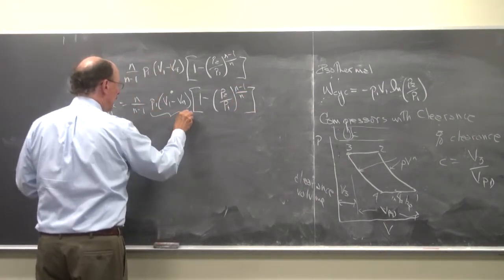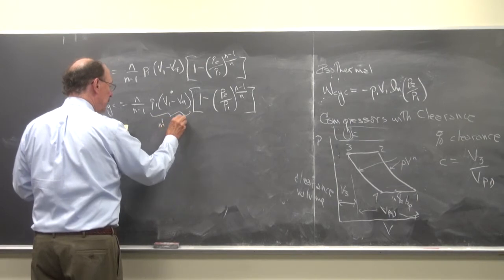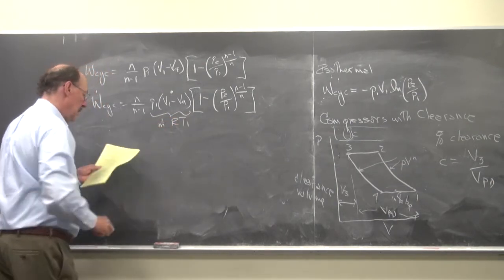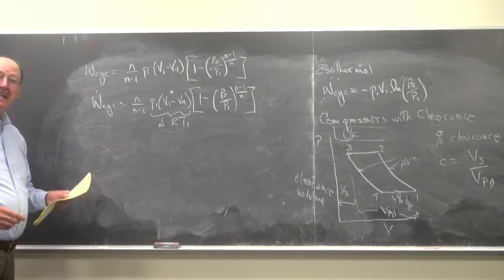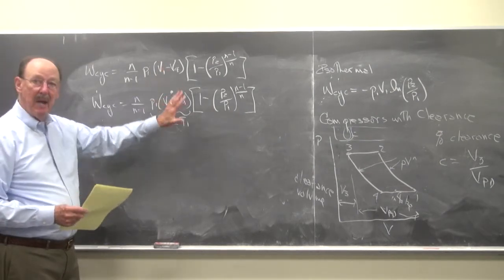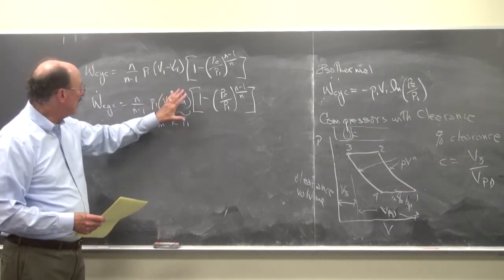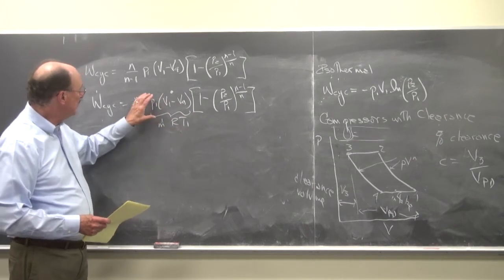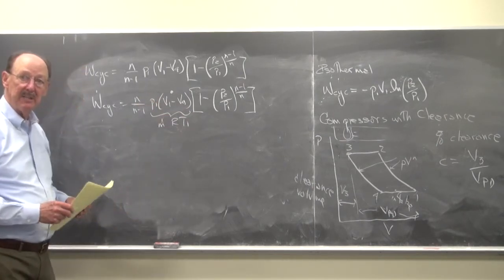And this is m dot RT1. So we have that, and it's the same idea. This is the volume flow rate we have to compress, or this is m dot from the ideal gas flow.